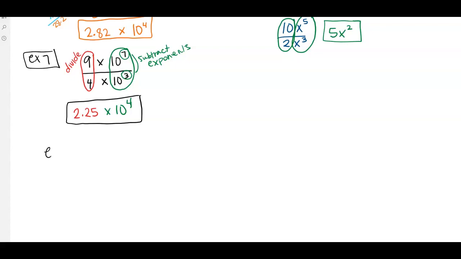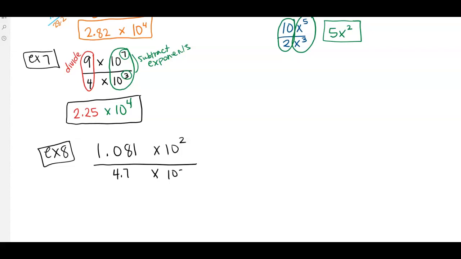Okay, let's try another one. Let me try this one now. So on the top, I'm going to have 1.081 times 10 to the 2nd power. And then on the bottom, 4.7 times 10 to the negative 8 power. Okay, so I'm going to try that one, see what we can do there.